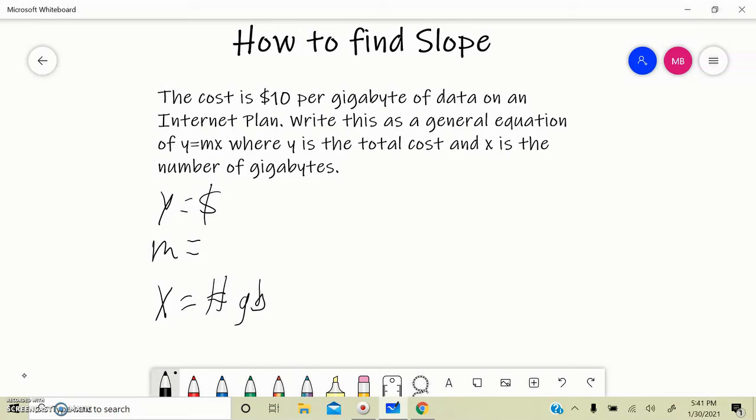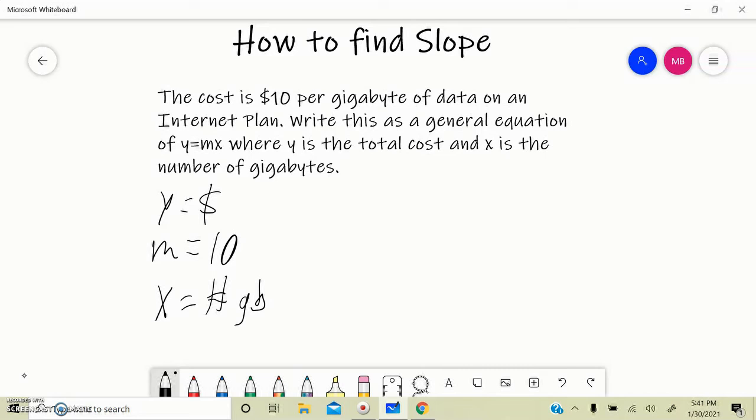Now, if we remember, my m is going to be my rate. How much money per gigabyte. So I'm looking and seeing the cost is $10 per gigabyte. That's going to be my rate. So I'm going to put 10 for my m.